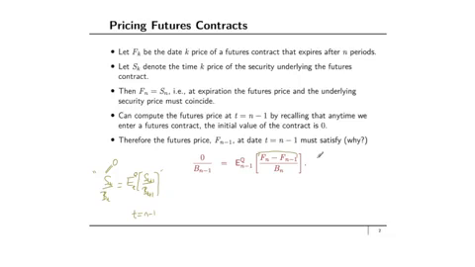What does that mean? Well, it means the following. It means that the expected value under Q at time n-1 of (Fn minus F(n-1)) over Bn is equal to 0. Now, F(n-1) is known to us at time n-1.